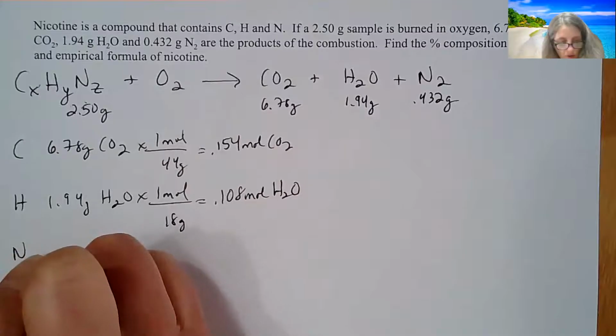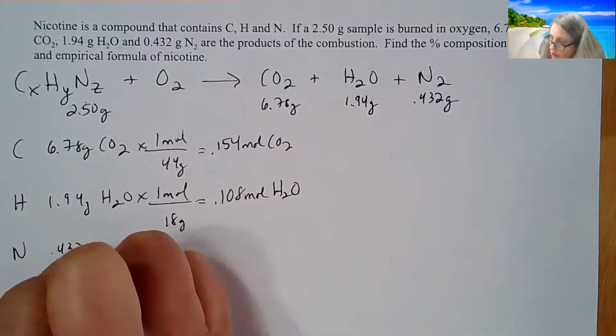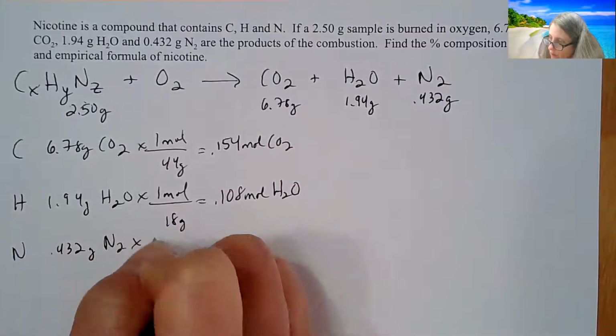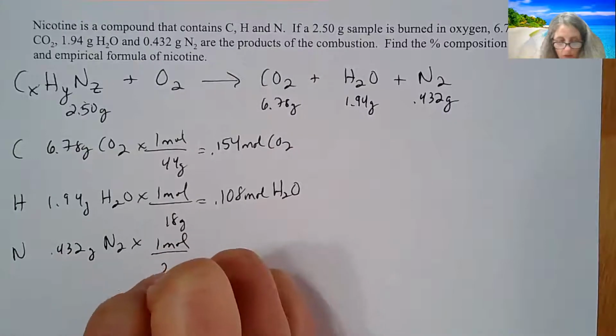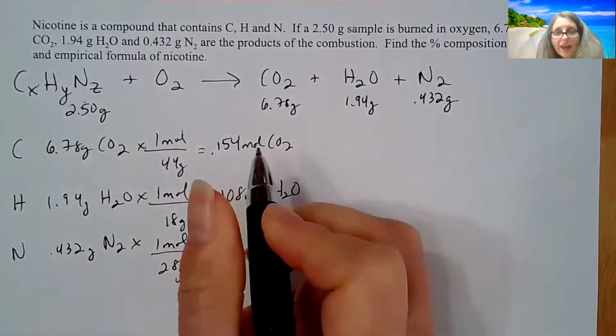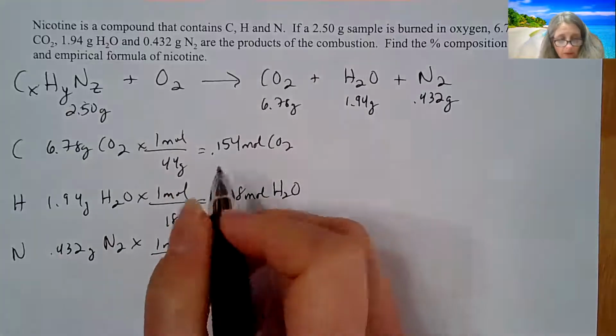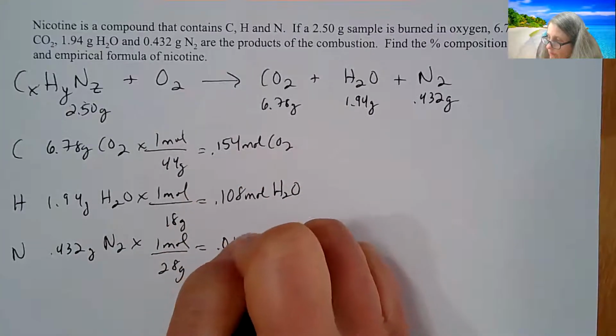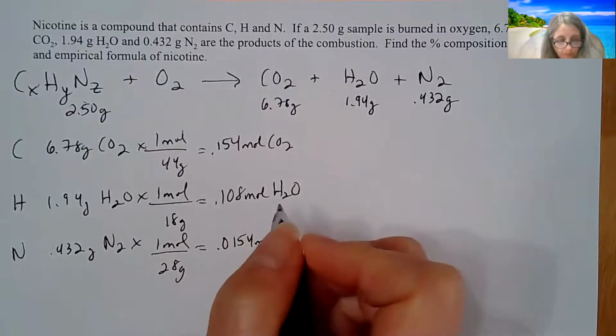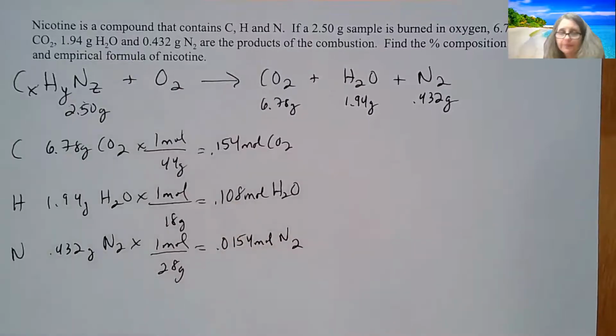And then the nitrogen is 0.32 grams, and I'm dividing that by 28, because that's the molar mass of N2. So I get 0.0154 moles of N2.